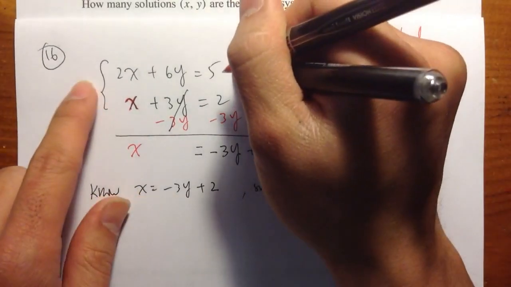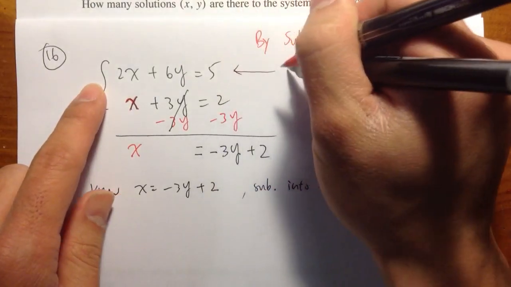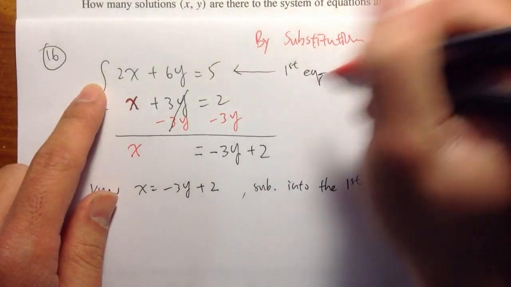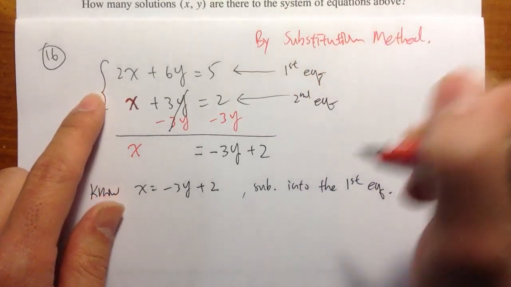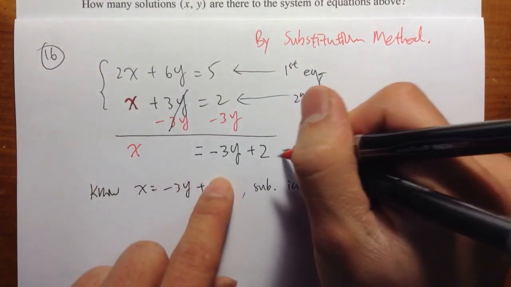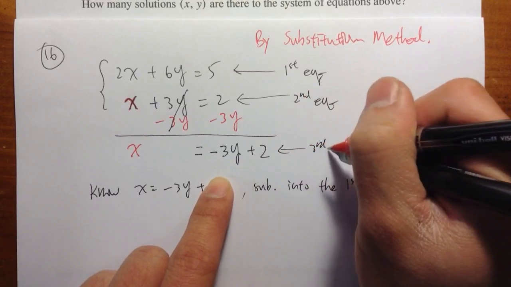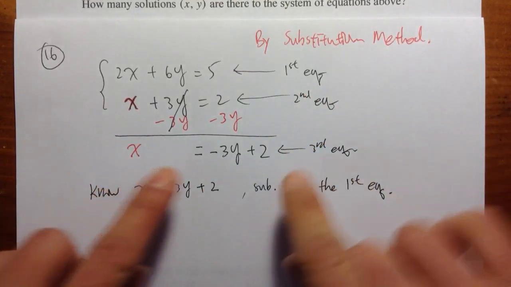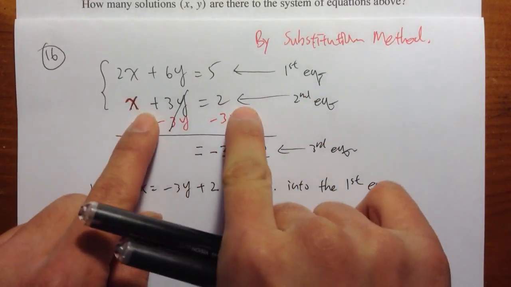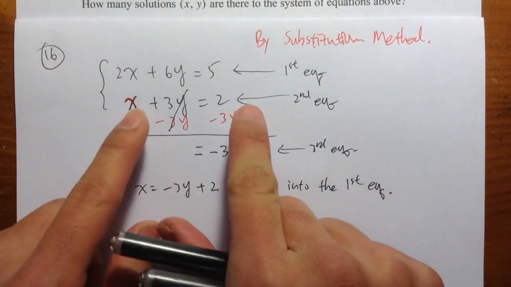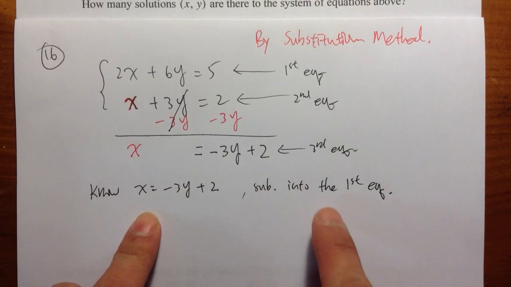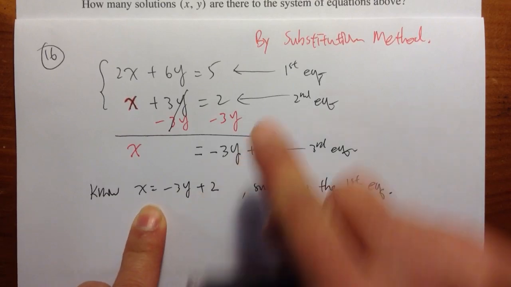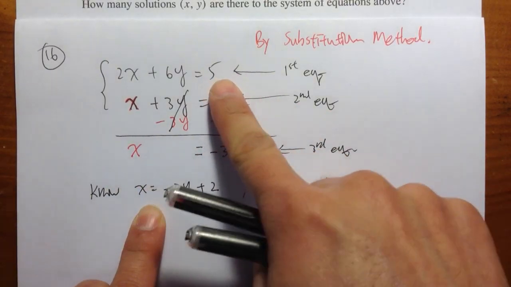This is what I mean by the first equation, and this is my second equation, and this result I'll call the third equation. The third equation comes from the second equation, so once you got this, you must substitute the result into the different equation, which is the first equation.